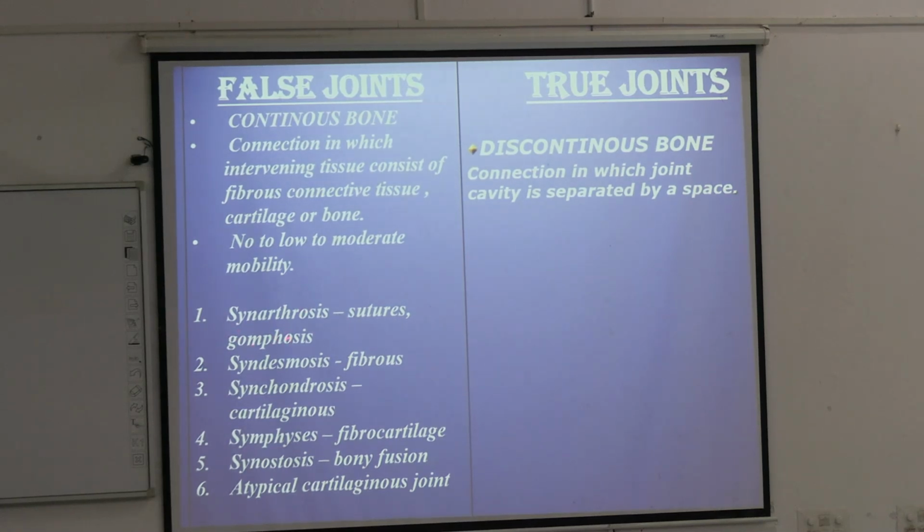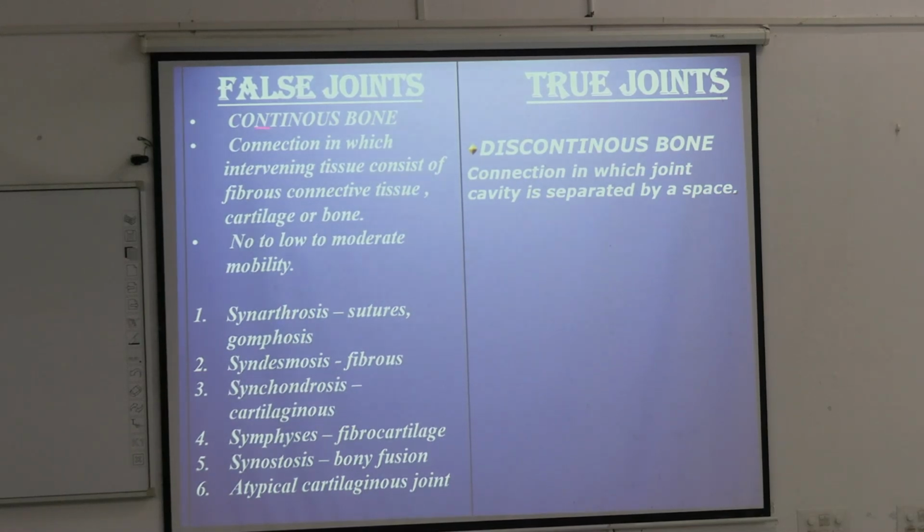Syndesmosis, fibrous. Synchondrosis, cartilaginous. Symphysis, fibrocartilage. Synostosis, bony fusion. Atypical cartilaginous joint. True joints: discontinuous bone connection in which the joint cavity is separated by a space.